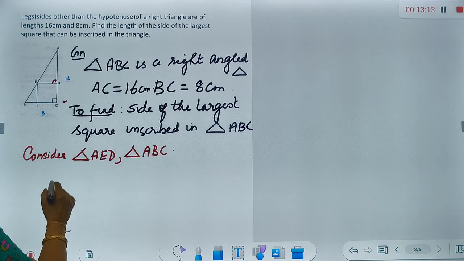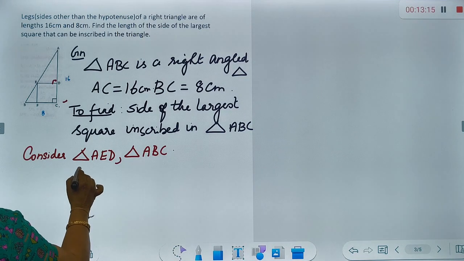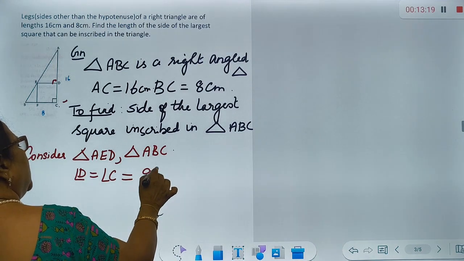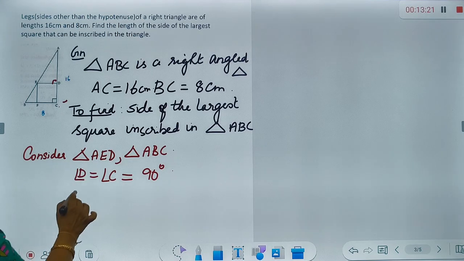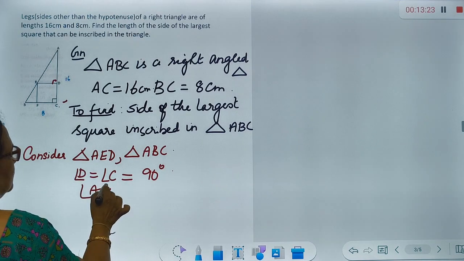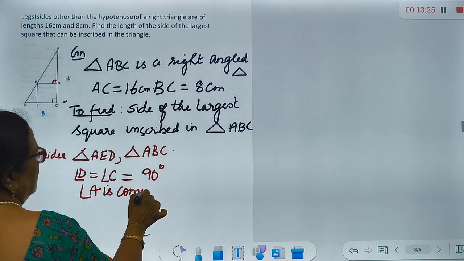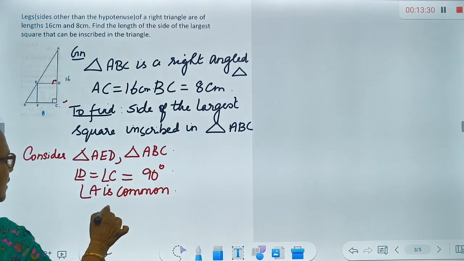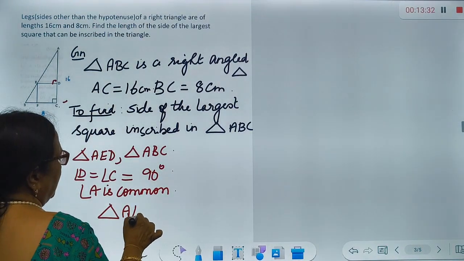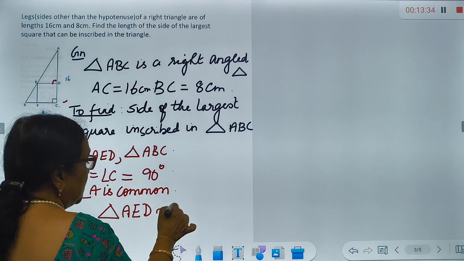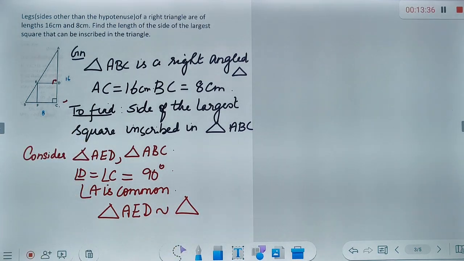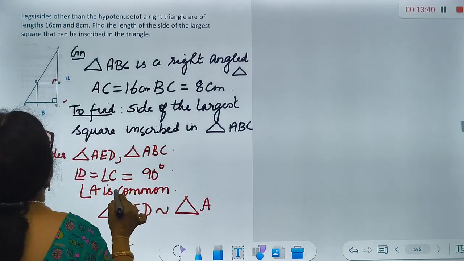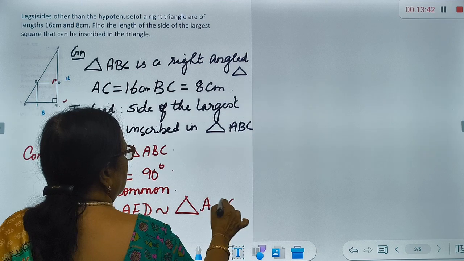Angle D equals angle C equals 90 degrees, and angle A is common. If two angles are equal, the triangles are similar. So triangle AED is similar to triangle ABC.